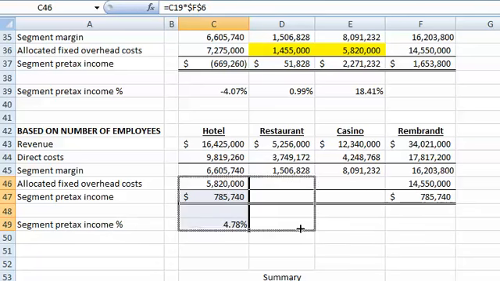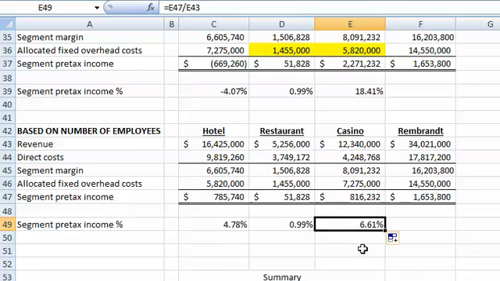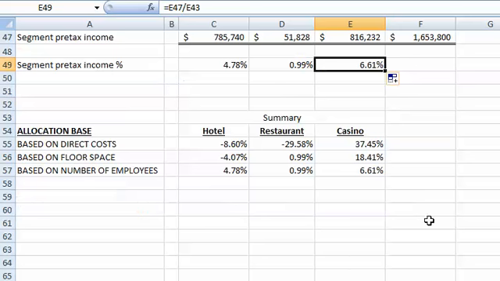Our restaurant remains at that same 0.99%, and our casino's profitability has dropped to 6.61%. We want to look sort of at a summary of our pre-tax segment margins after we've allocated fixed overheads.